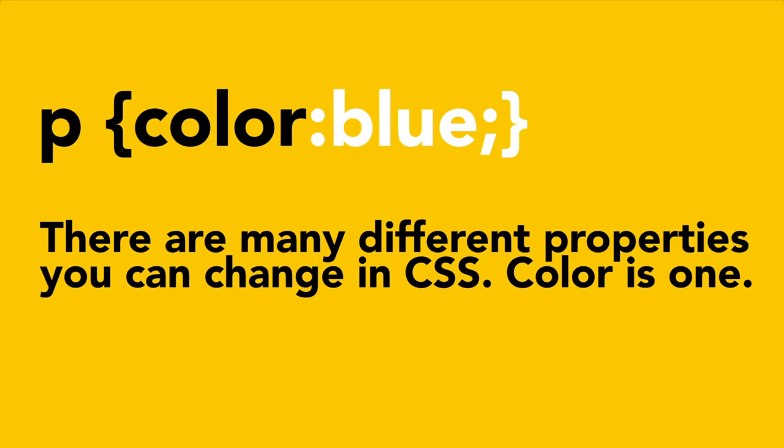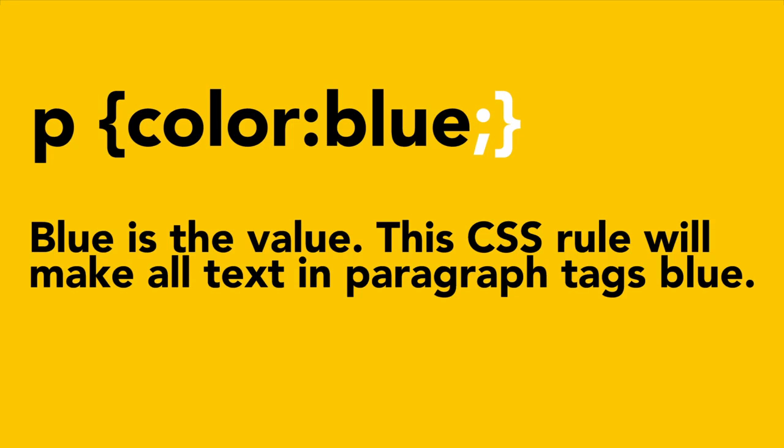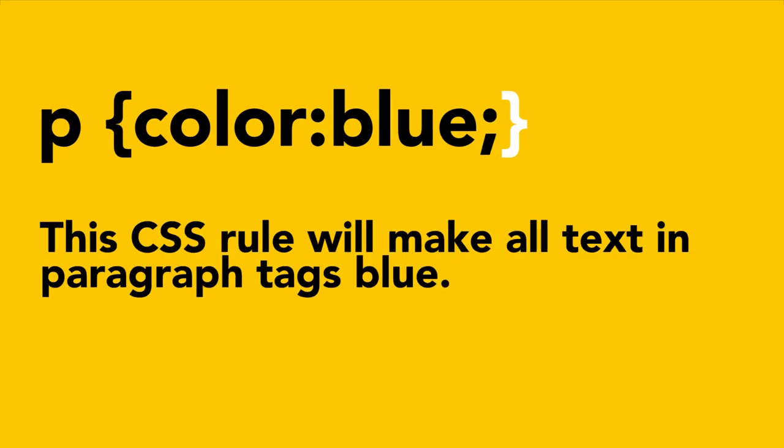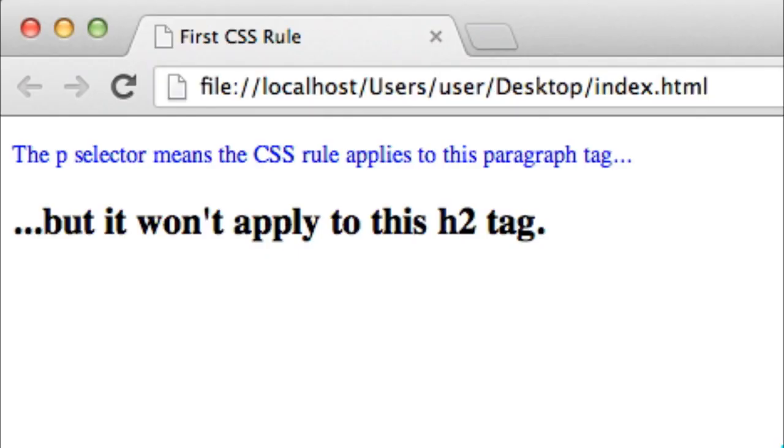The color property, for example, controls the color of the text. After that comes a colon, and then the value of the property. In our case, that will be blue. Add a semicolon after the property value, close the bracket, and now you've made your first CSS rule. Basically, you've told the browser, hey browser, make things in the paragraph tag blue.